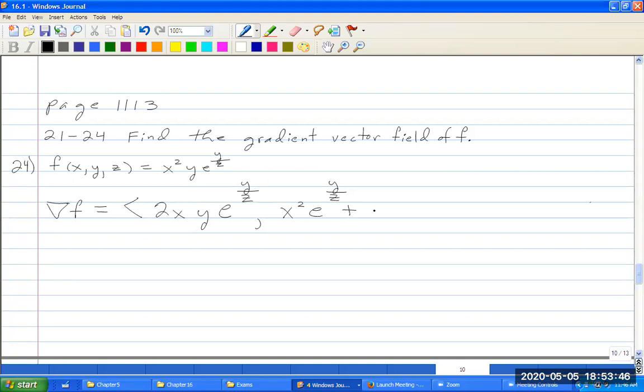x squared y, the constant, the first, x squared y, times the derivative of the second.